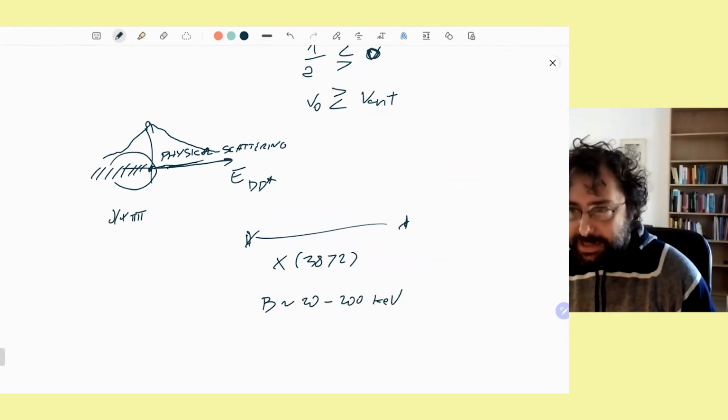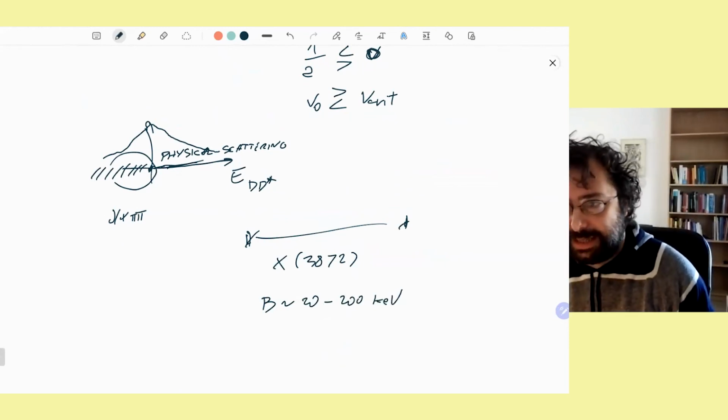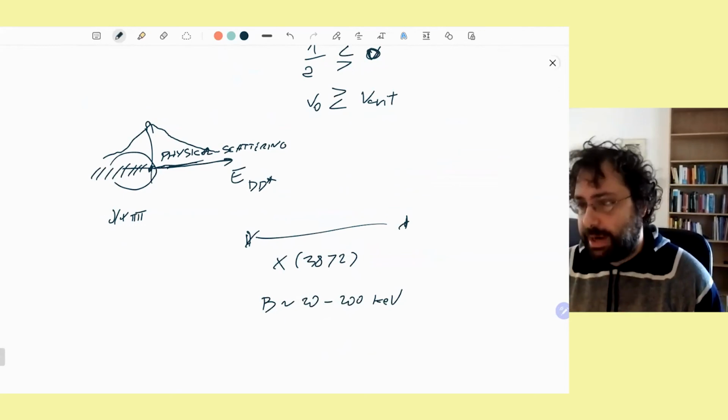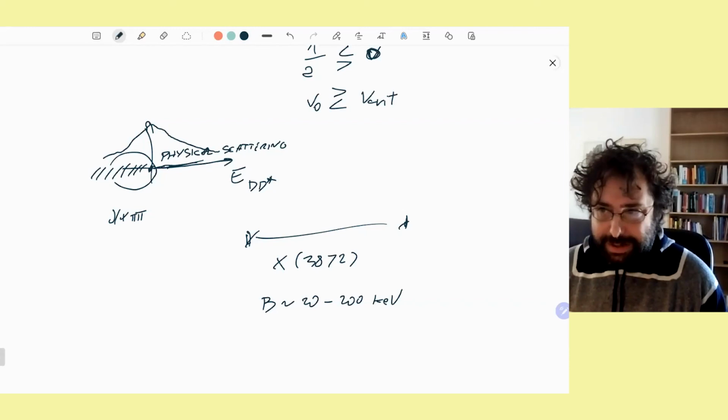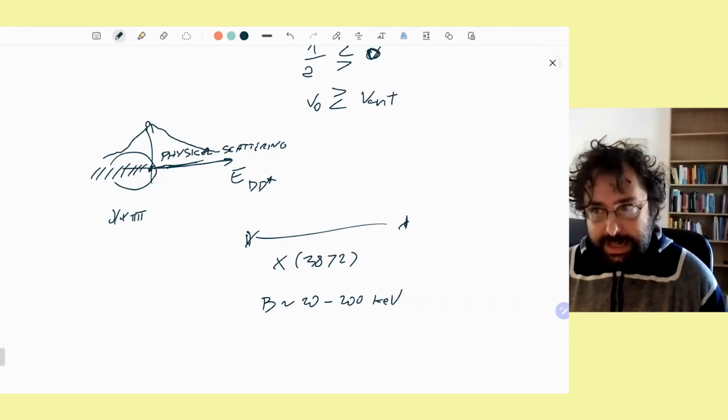So all the effects of anisotropy or things like that are extremely suppressed, and you're definitely not sensitive to this. So people have thought about that, but they are just not relevant on these scales.